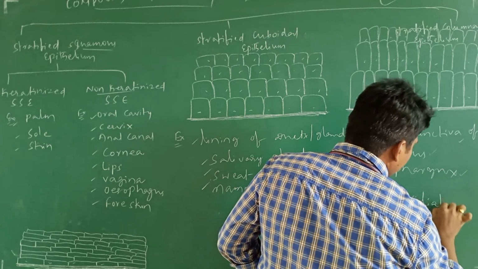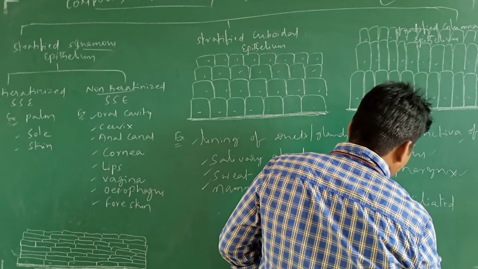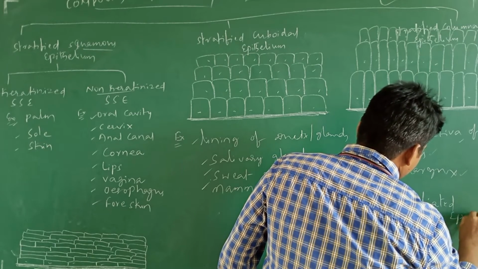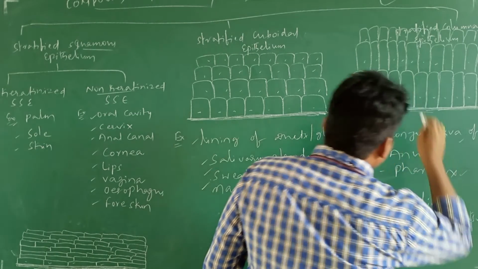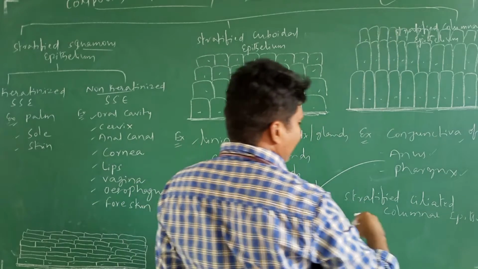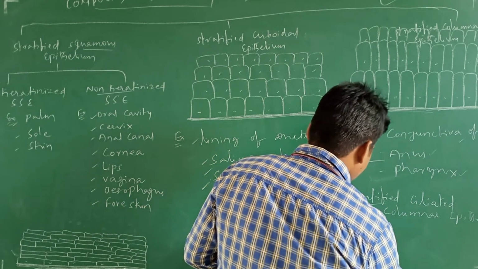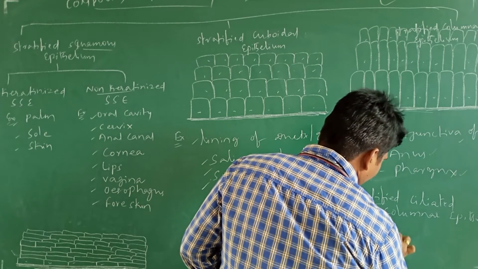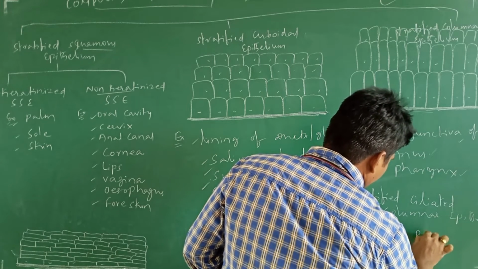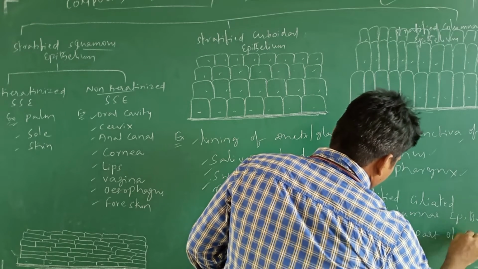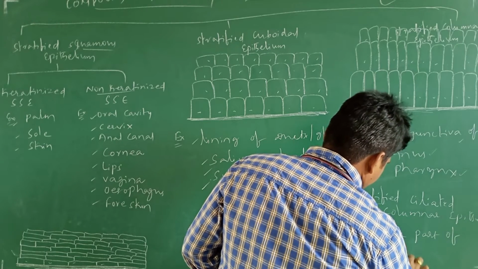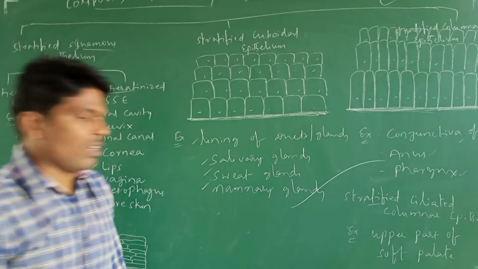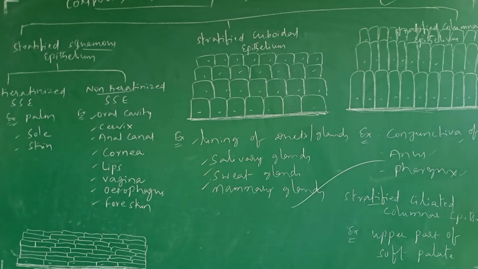If cilia are present, it is stratified ciliated columnar epithelium. Where is this present? Simply wherever you find cilia. For example, the upper part of the soft palate.